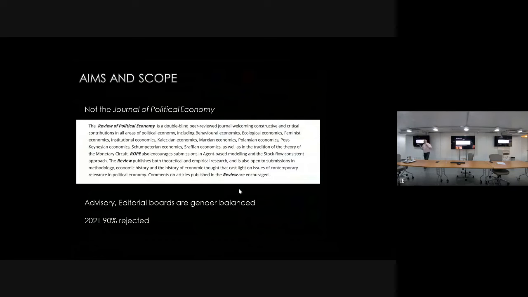Does your paper fit with Roche? Go back and read what we've done in the last 10 years. And if you do a Google Scholar search with keywords from your paper, hopefully something will come out. So familiarize yourself with those journals.